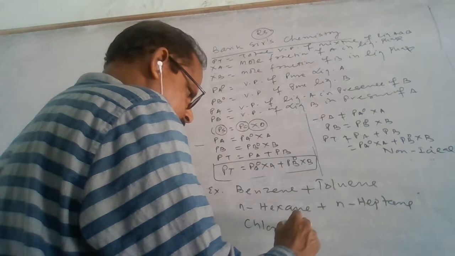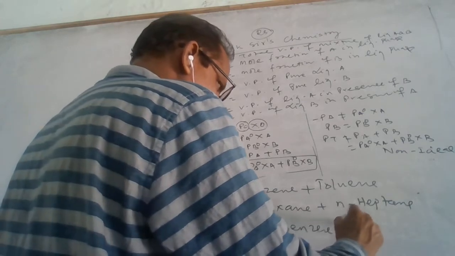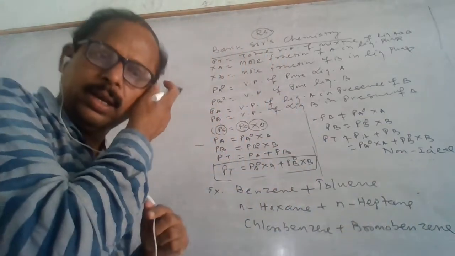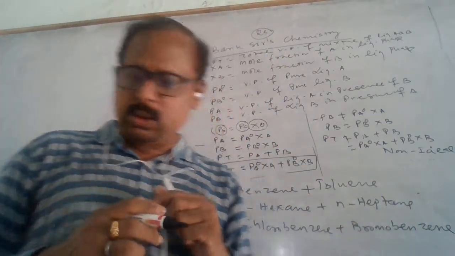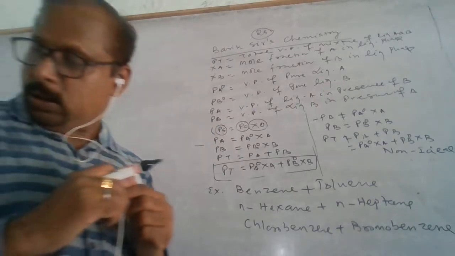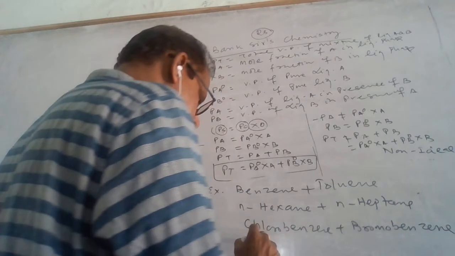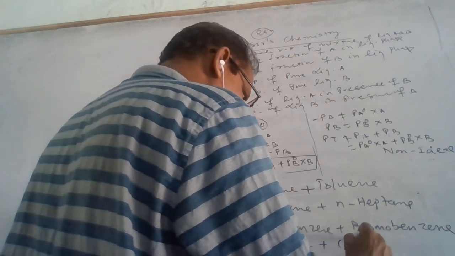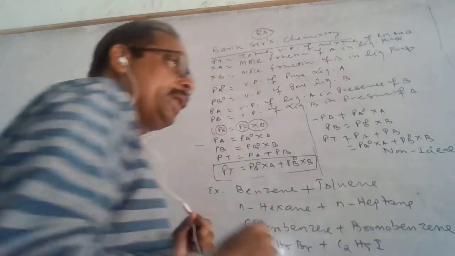Chlorobenzene plus bromobenzene. Chlorobenzene and bromobenzene, this is also an example of an ideal solution. Ethyl bromide plus ethyl iodide.